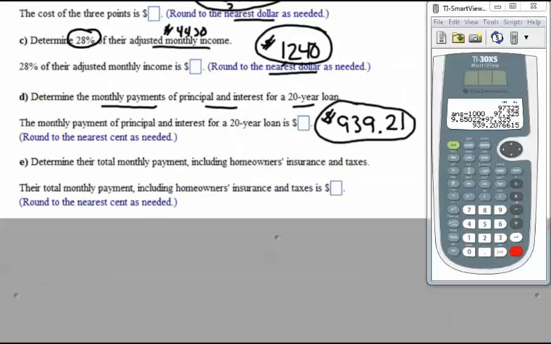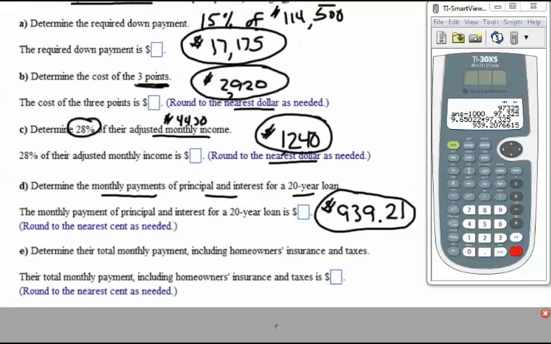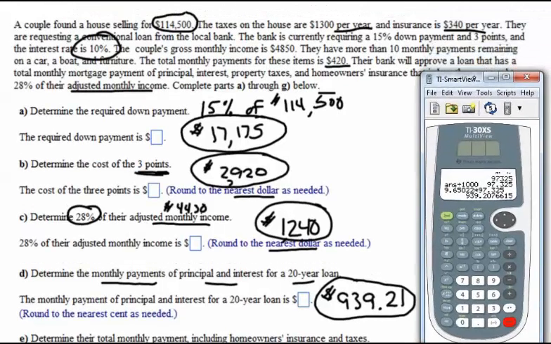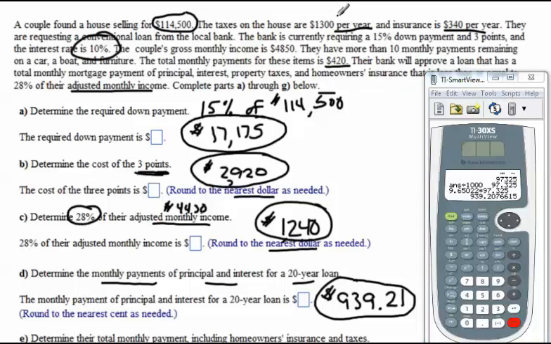Now for Part E, we want to find their total monthly payment, including homeowners insurance and taxes. So recall, the $939.21 was just the principal and interest payment. Now we have to go back to the problem situation that was given, and we have to add the cost of taxes and insurance to our monthly payment.